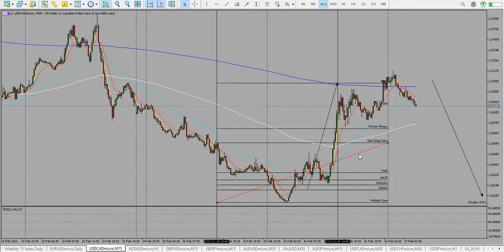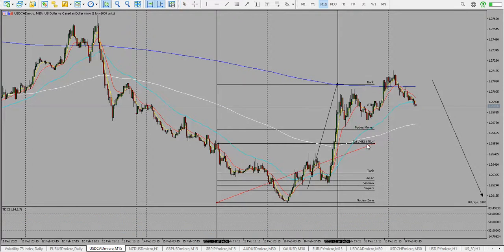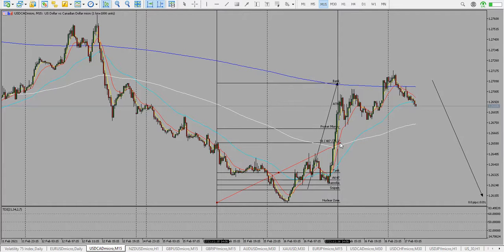I will just resize this because it happened yesterday as I anticipated. Then I place this line at the 14th hour from the previous day's New York Open.